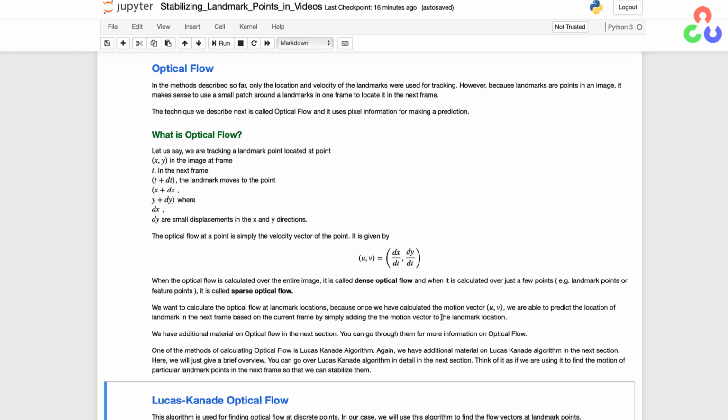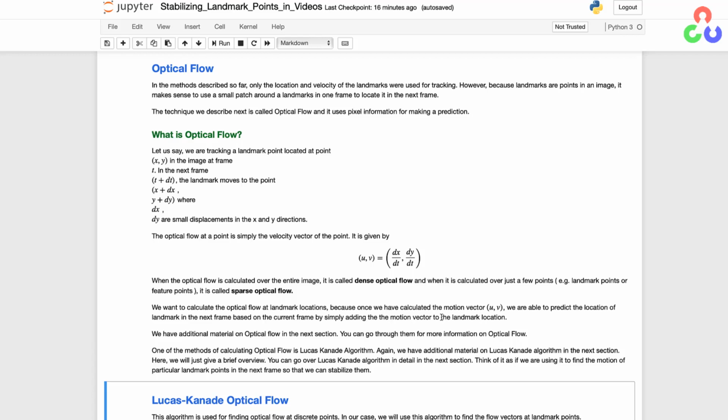If you think about the problem of stabilizing landmarks, it is the same problem as finding the location of a point in the next frame, given the location of the point in the current frame. So it is a tracking problem. If you're able to track the point from one frame to the other, you have essentially stabilized it, because then you won't see it jittering. You won't have to rely on detection to locate that point.